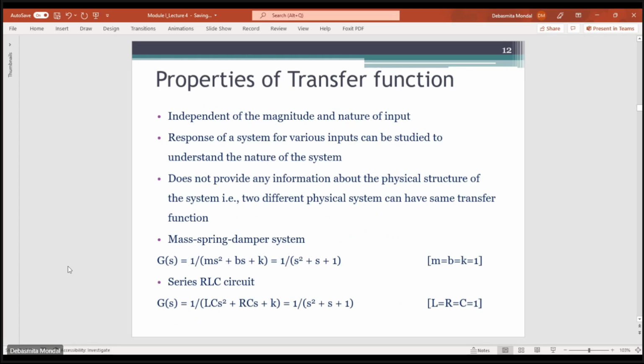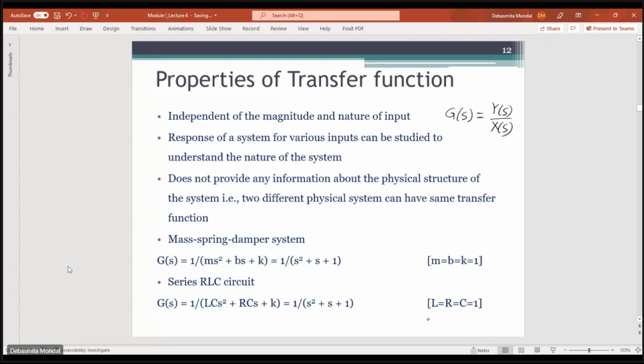Now coming to some properties of the transfer function. As you have seen, G(s) was represented by Y(s) by X(s), a ratio of the output to the input. So it is independent of the nature of the input that you are providing.